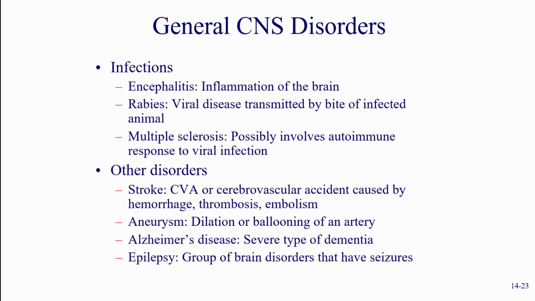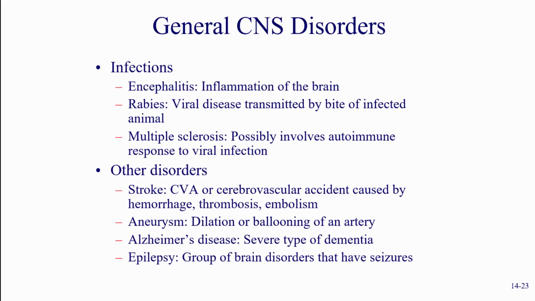General CNS disorders. You can have infections such as encephalitis. That's an inflammation of the brain. And sometimes mosquitoes will carry viruses that can cause encephalitis. And then rabies, which is a viral disease transmitted by the bite of an infected animal.